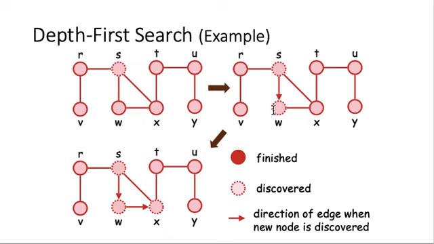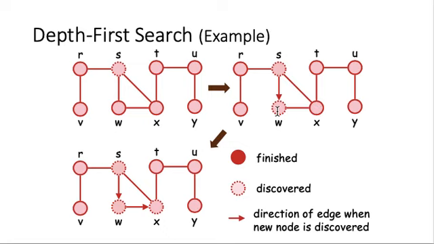Now when we are at W, we will continue the same idea, the same process, and find out the neighbors of W. So W has S as a neighbor and X as a neighbor, but here only X is an undiscovered and also unfinished vertex.